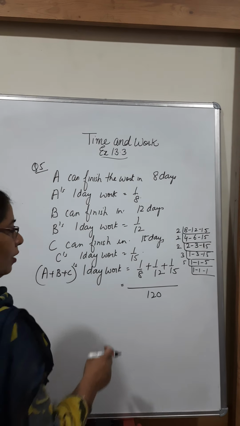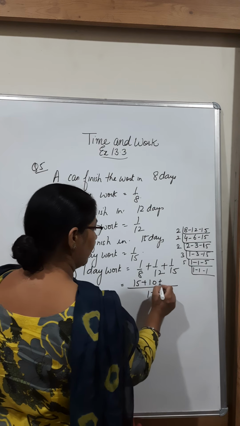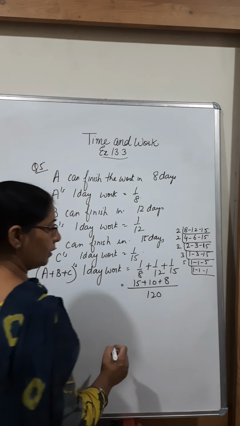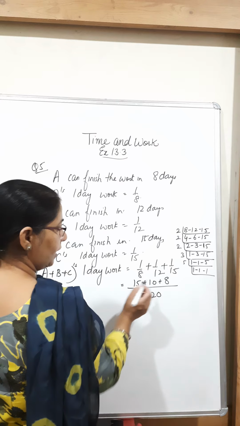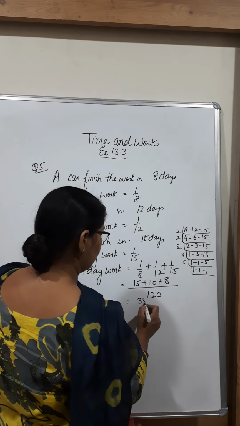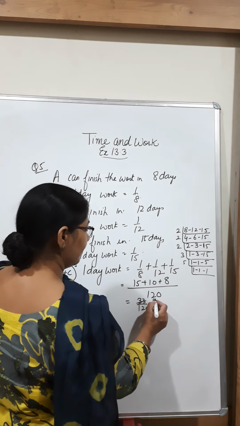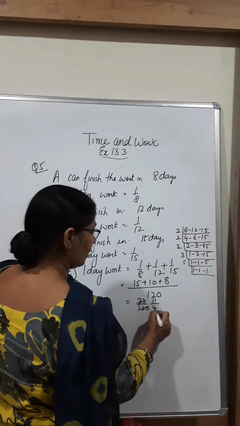Now 8 15s are 120, 12 10s are 120, 15 8s are 120. So 15 plus 10 plus 8, 25, 25 plus 8 is equal to 33 over 120. On the table of 3, 3 11s are 33.